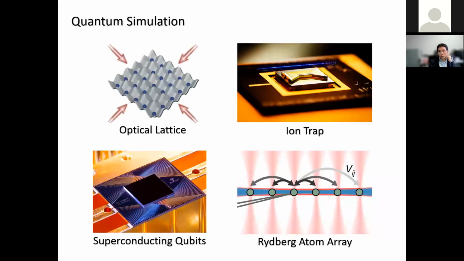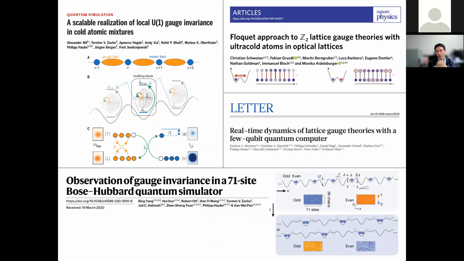Now, in recent years, we developed these synthetic quantum devices that can help us solve quantum many-body problems with quantum many-body systems themselves. In fact, there are plenty of works in recent years from the cold atom community to solve the gauge theory problem, and I list a few here.